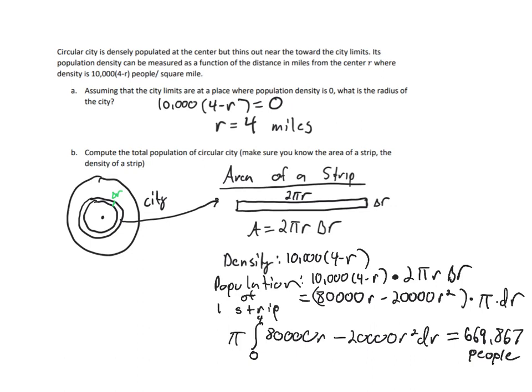But again, I really want to make sure you understand these important parts. I want you to understand this area of a strip, and I want you to understand this population of a strip and how to come up with those two numbers and make sure you can distinguish between them, what those things really mean.